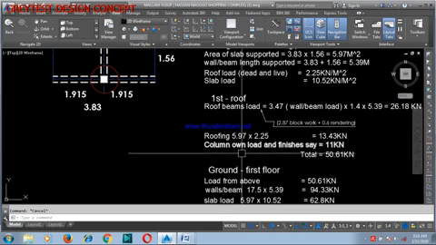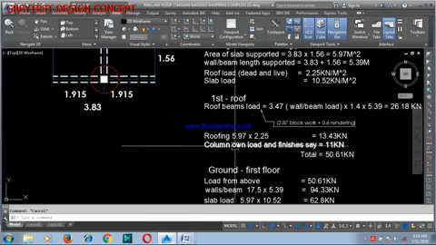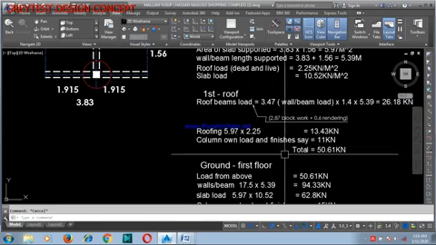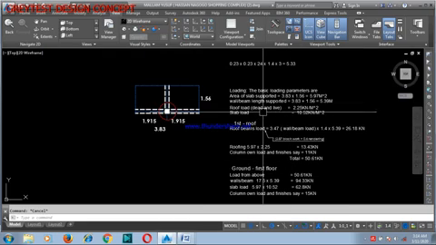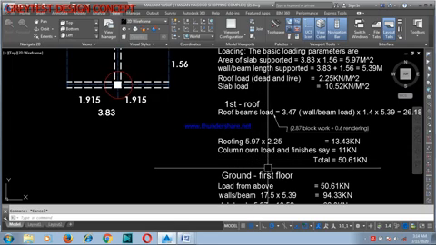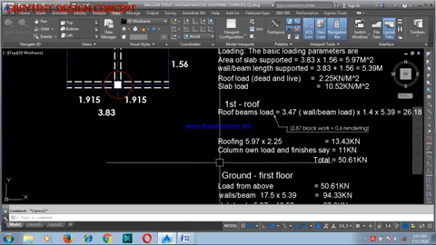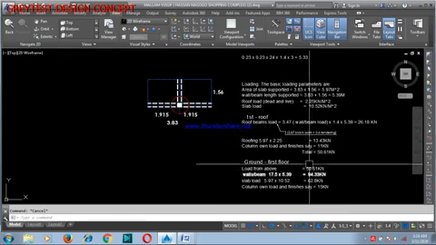Then the column own load and finishes. Let's say it's 11 kilonewton. I don't want to go into the details of everything, but there is a very simple way to do that calculation. You take the area of the column, multiply by the density of concrete, and multiply by the factor of safety, which gives the dead load.